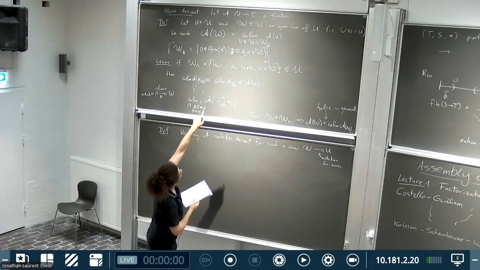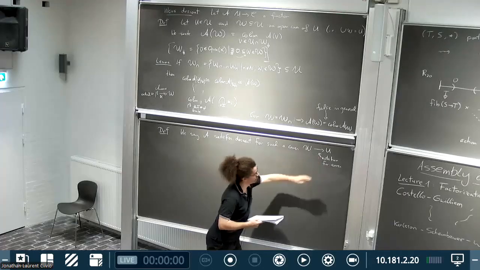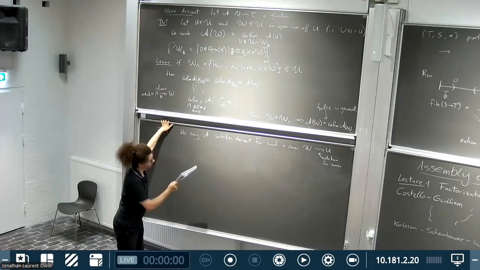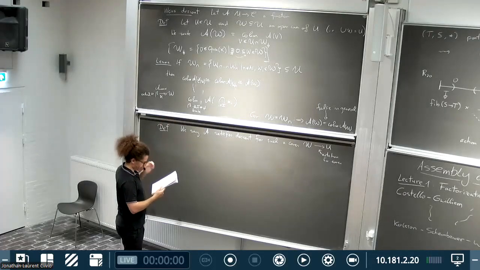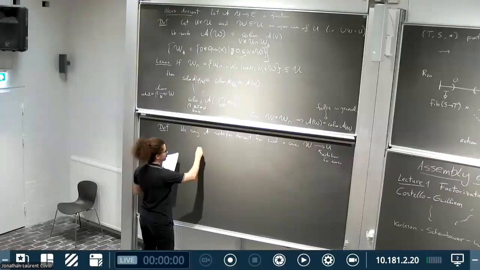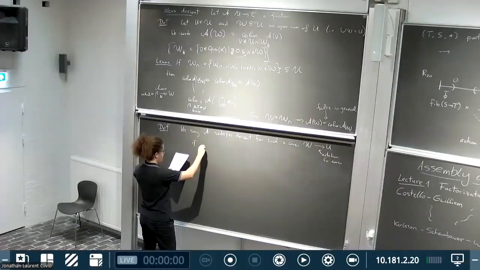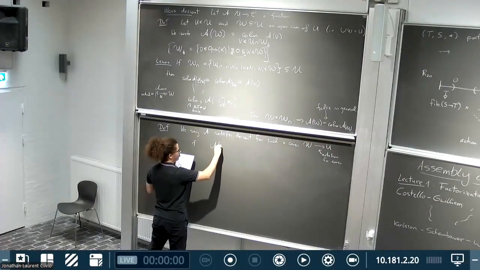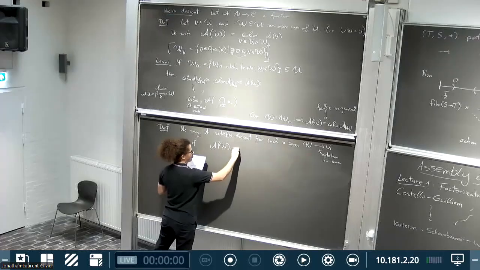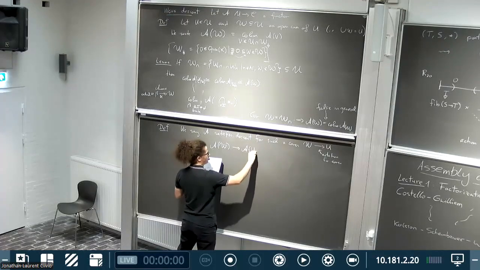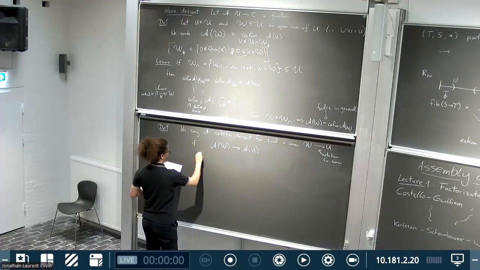So W is a collection of opens which jointly cover U, and A satisfies descent if the canonical map from A of W to A of U is an equivalence.